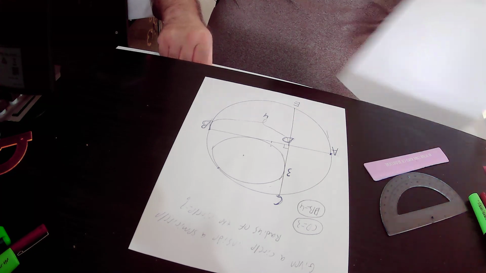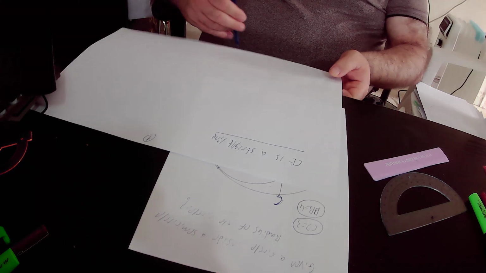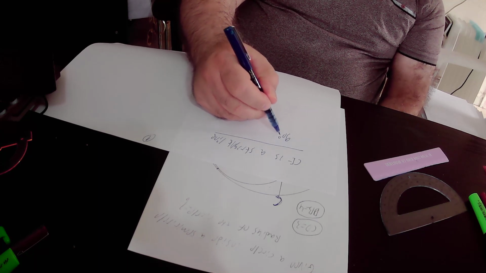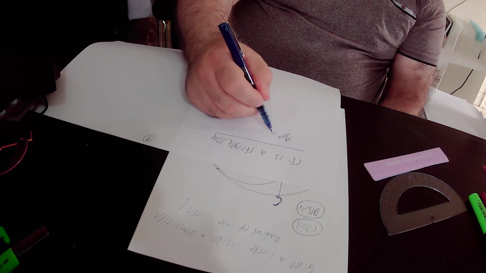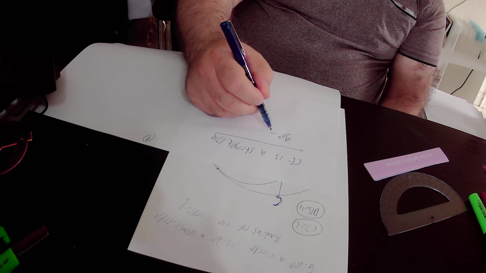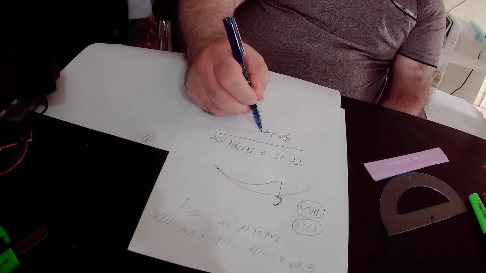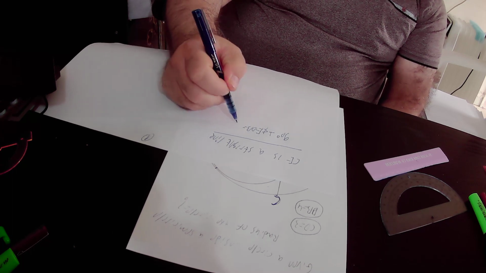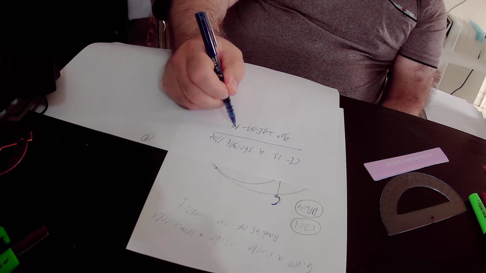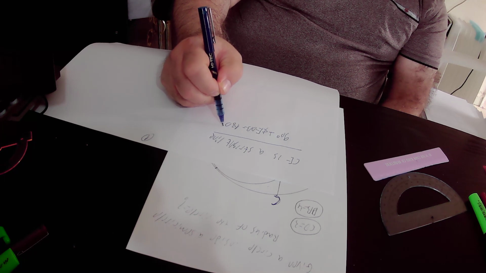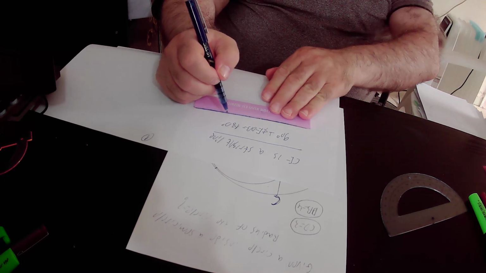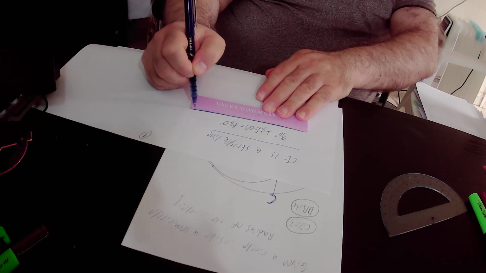So 90 degrees plus angle EDB must be equal to 180 degrees, according to the rule that the sum of the angles on one side of a straight line is equal to 180 degrees.